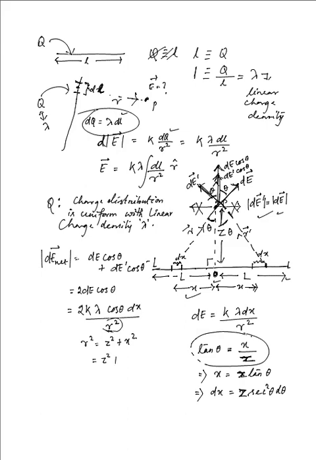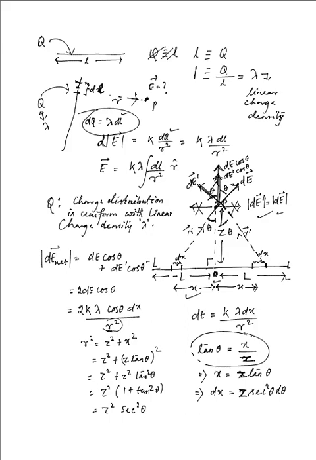Z square plus z tan theta whole square gives me z square plus z square tan square theta. Taking z square common, 1 plus tan square theta is simply sec square theta. So z square sec square theta lies in the denominator instead of r square. Now we have a fixed value, and we have just the angles to deal with.